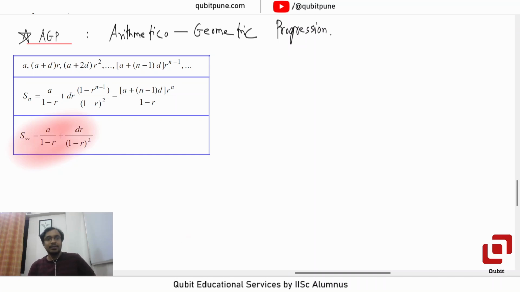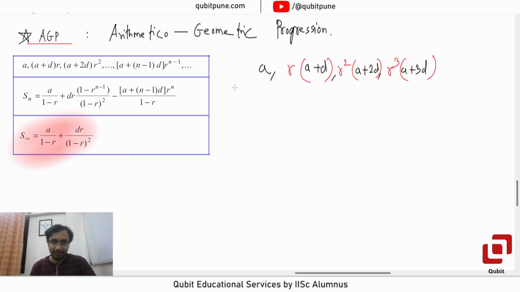Okay, structure of it. So in AGP, what we do is, we first take the arithmetic progression and then we multiply the terms of this AP by corresponding power of r. That is AGP.